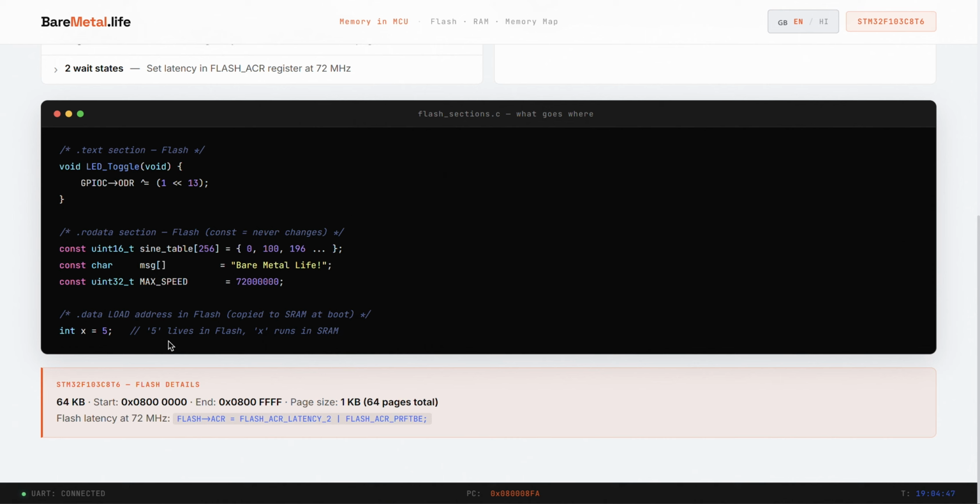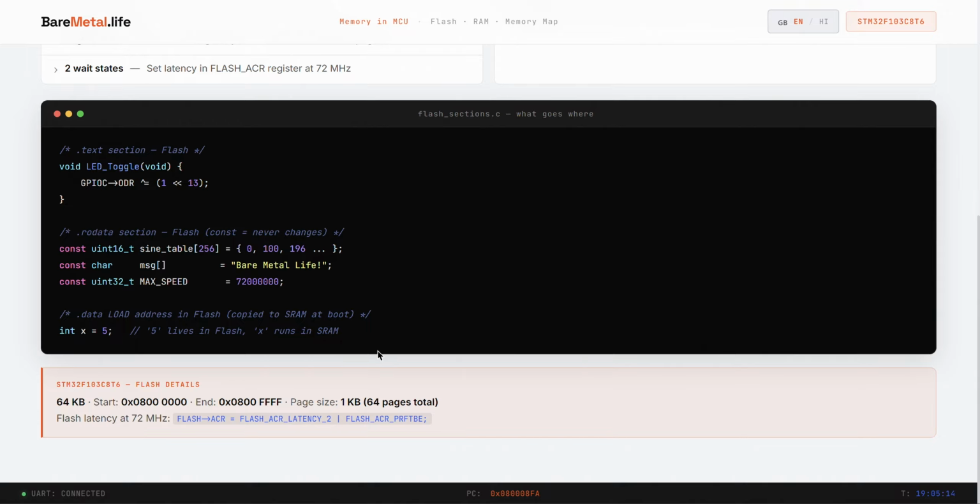But when the MCU boots up, the startup code copies it over to SRAM so your program can read and modify it at runtime. Okay, so now x lives in two places. Its initial value sits in flash and its runtime copy lives in SRAM. This is a critical thing to understand there.